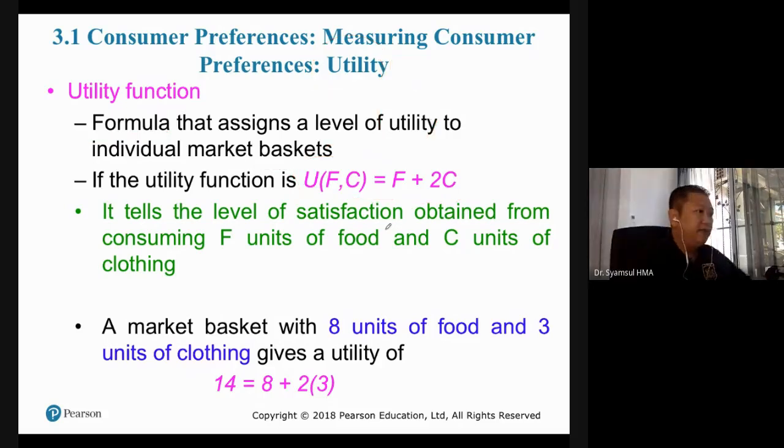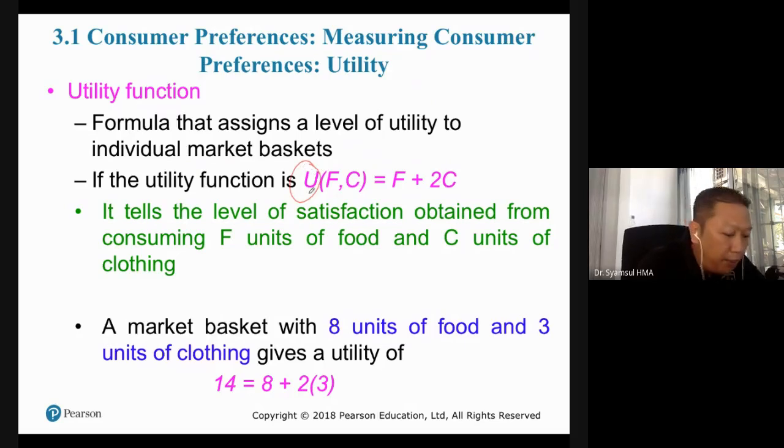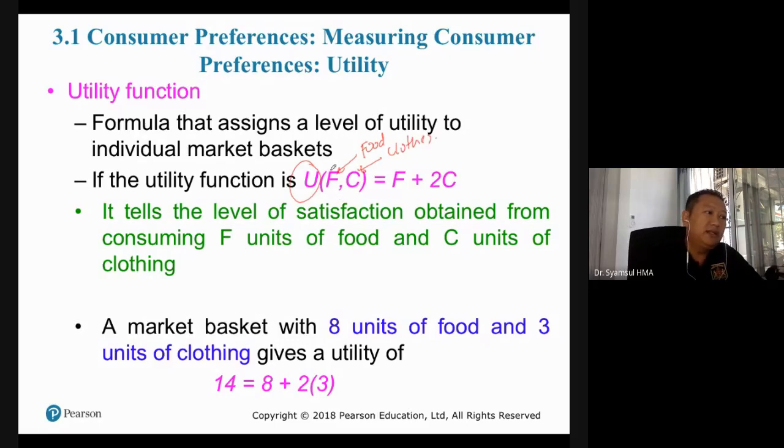Here, the function is represented by this symbol U. U means utility, and this utility, the satisfaction that you get, is by having a market basket of two goods, that is food and clothes. So the function here represents the utility.